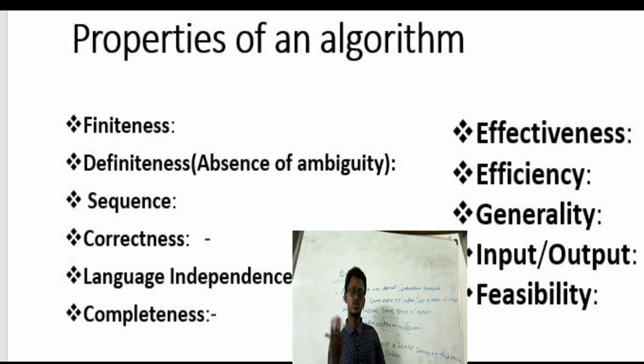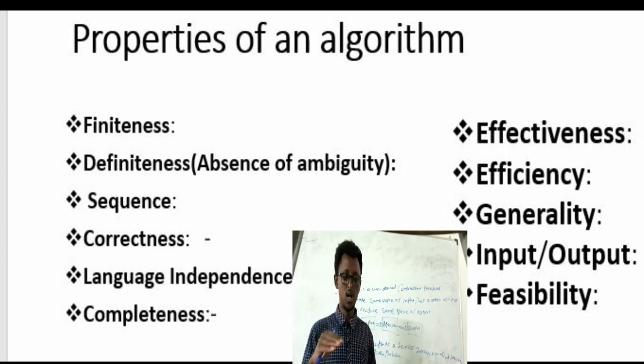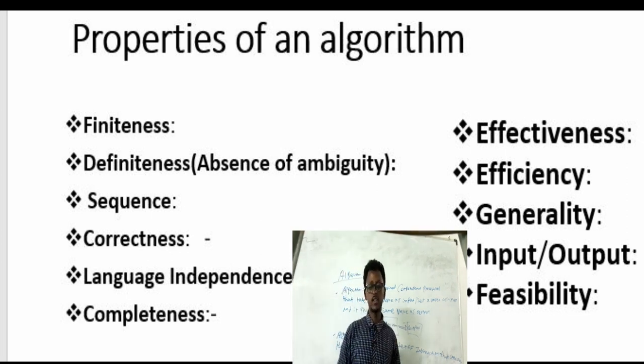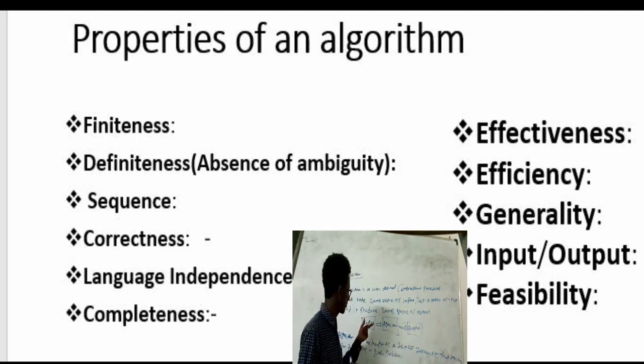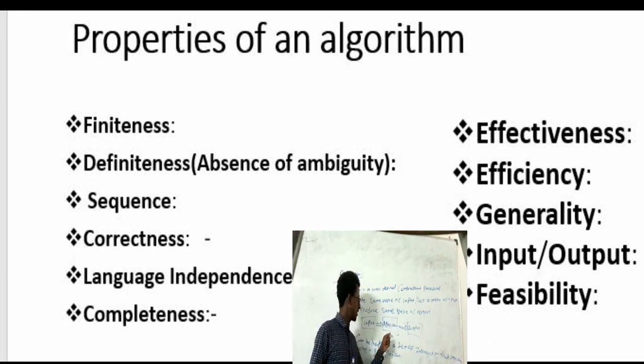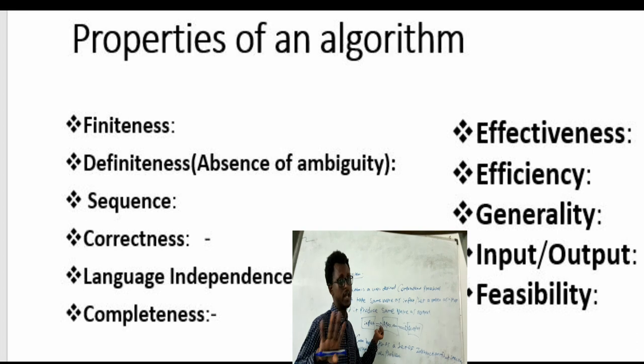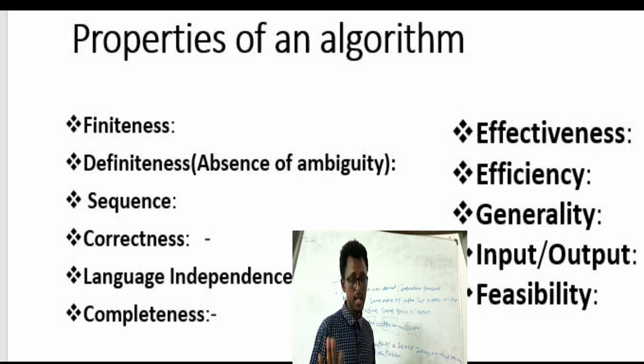The next one, the correctness of the designed algorithm. It must compute the correct answer for all possible legal inputs. As you remember from the definition, it takes input, the algorithm performs an operation and produces the output. So the algorithm should give accurate or correct output based on the given input for all possible legal inputs.